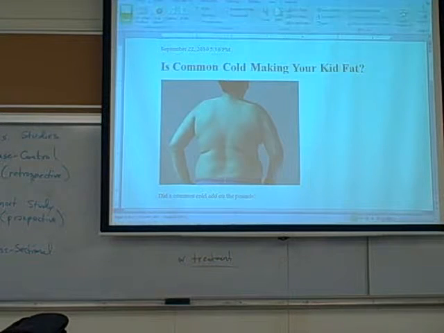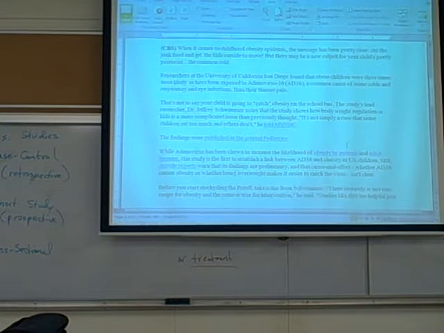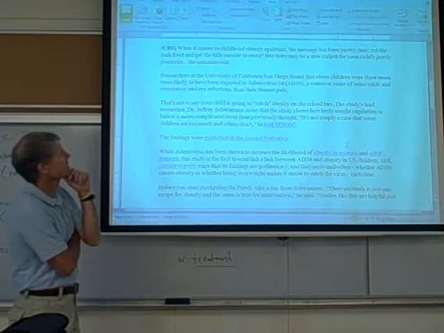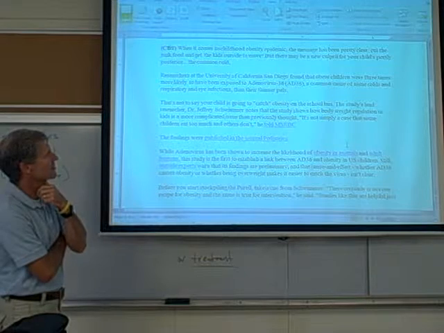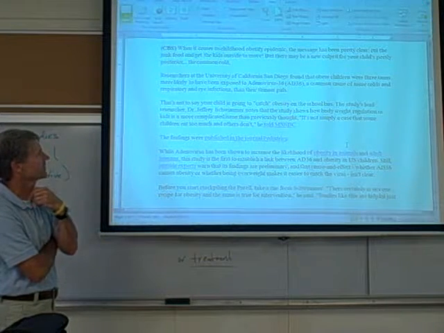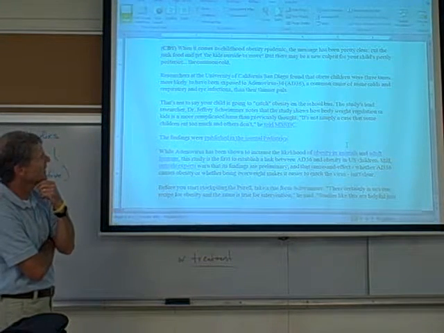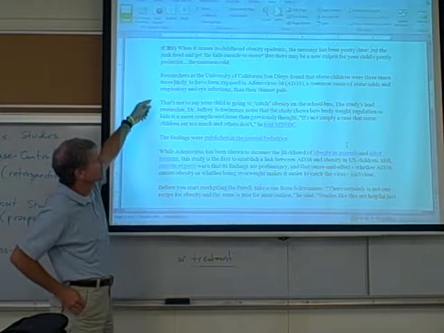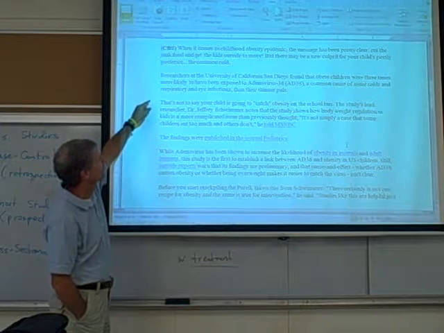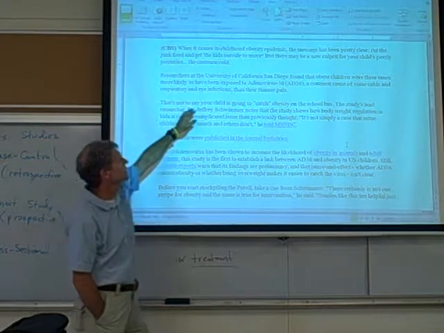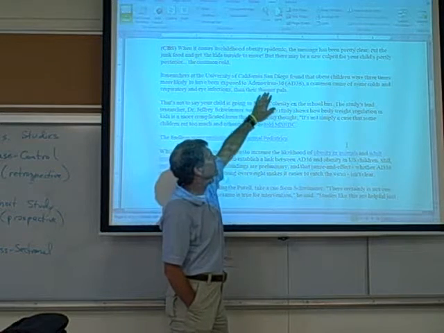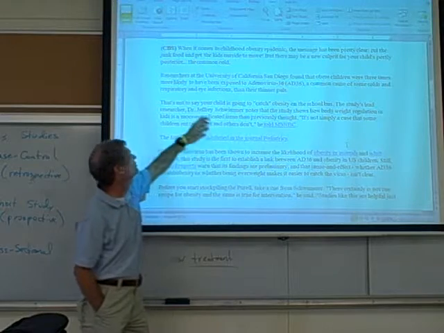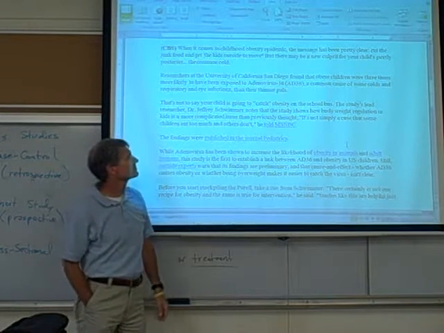It says, when it comes to the childhood obesity epidemic, the message has been pretty clear: cut the junk food and get the kids outside to move. But there may be a new culprit. Researchers at the University of California, San Diego found that obese children were 3 times more likely to have been exposed to adenovirus 36, AD36, a common cause of some colds and respiratory and eye infections.